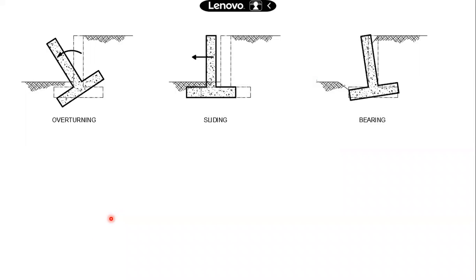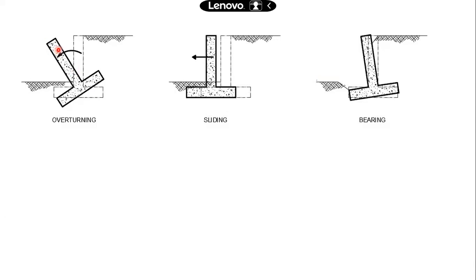Stability. Now this picture is showing you the stability failure of the retaining wall. How it will fail due to instability. One is overturning. I have not told you any part of the retaining wall is failing over here. The entire retaining wall is safe. There will not be a failure of any part, the toe slab or the heel slab or the stem. They are not failing. They are safe.